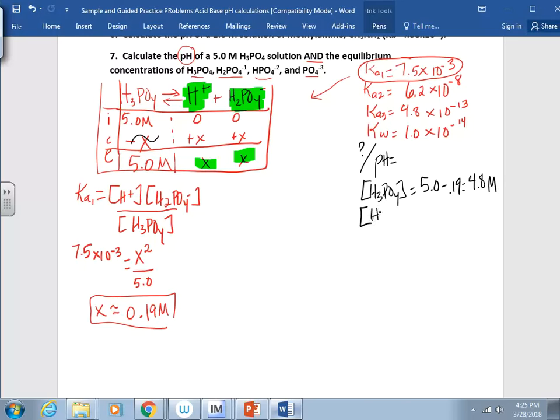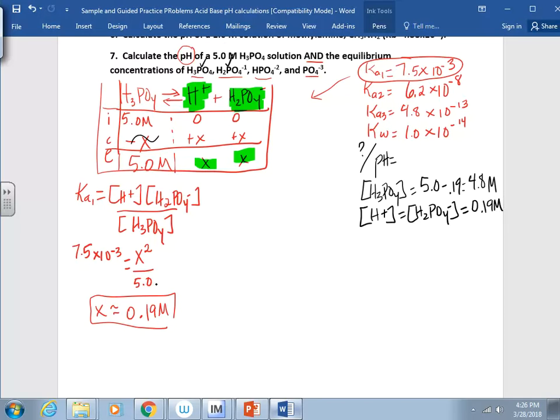For the hydrogen ion concentration, we have 0.19, and that's also equal to the H2PO4 minus ion. So they're both 0.19 molar, and those were two things they wanted, that and that.